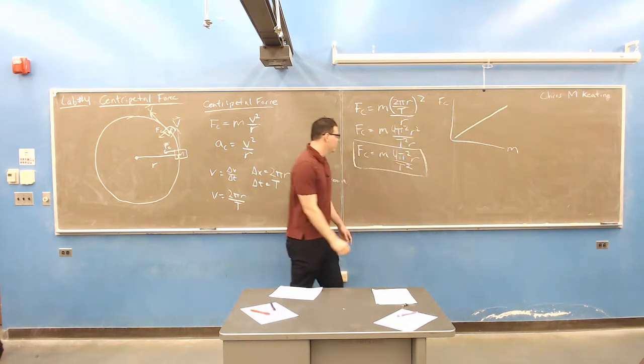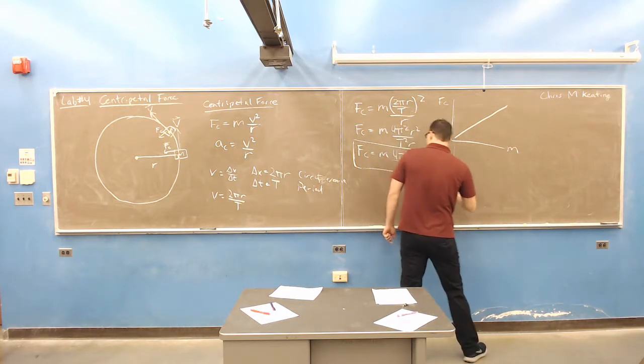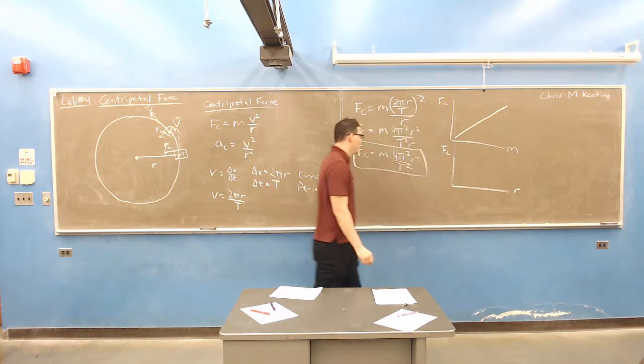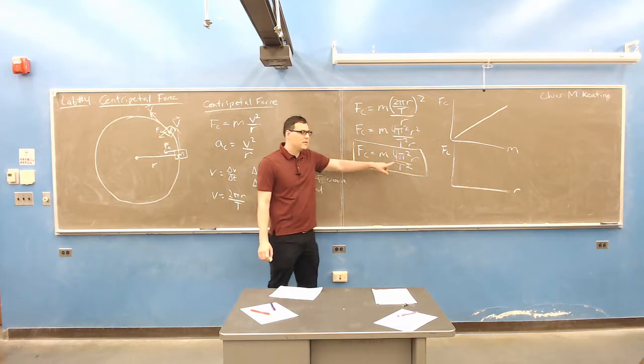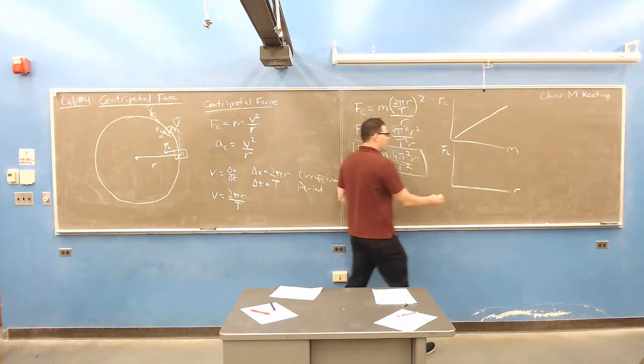Linear. It's linearly proportional. If I double the radius, what happens to the centripetal force? It doubles too, right? So it's also linearly proportional.